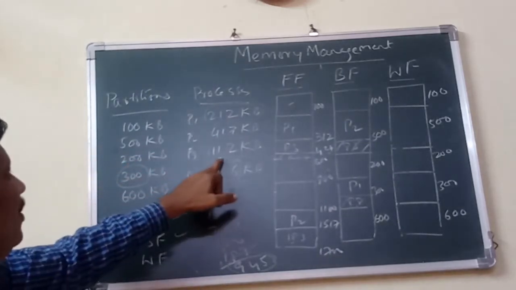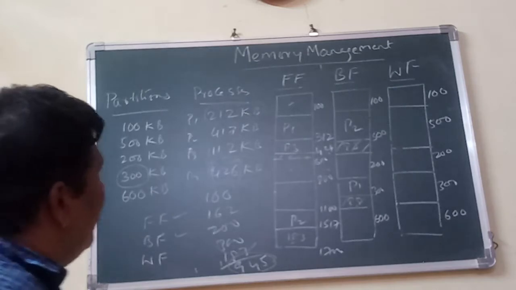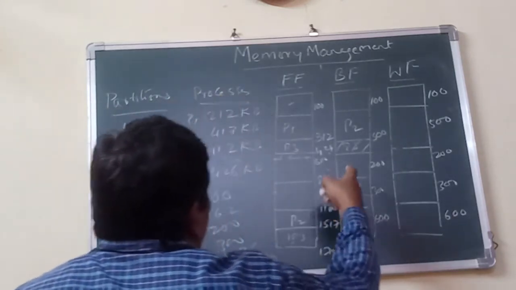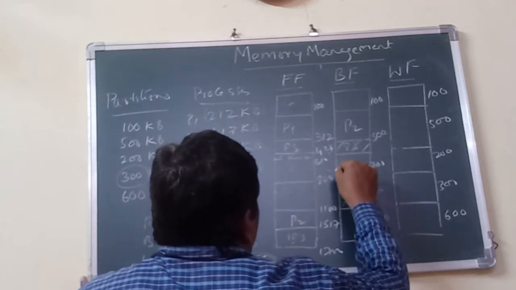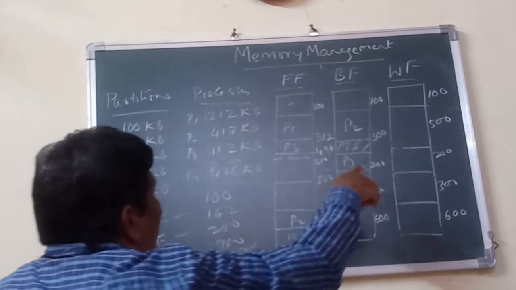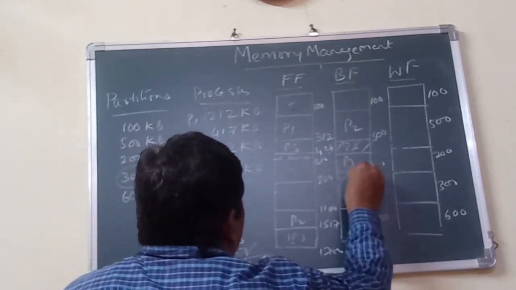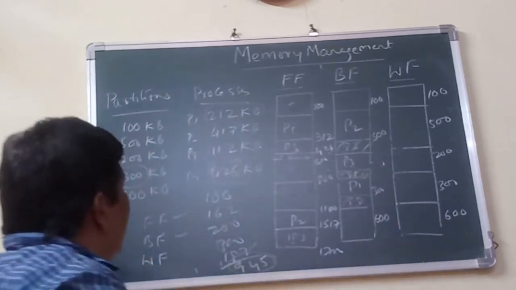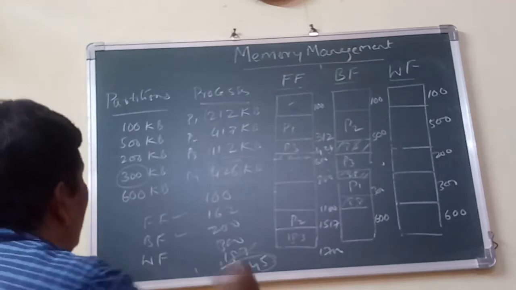Then for P3, it is 112. Where can we accommodate 112? In 200. Okay, so 112 can be accommodated here. So P3 I can accommodate here, and out of 200, 112 is used. So 88 is still available, right? And then 426.